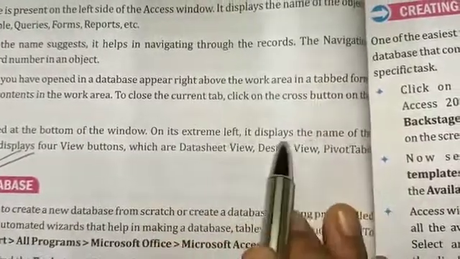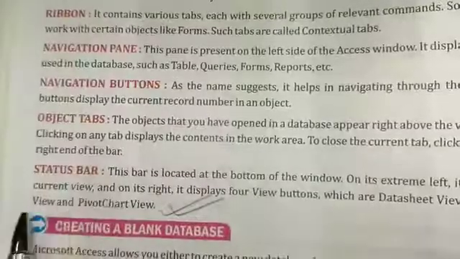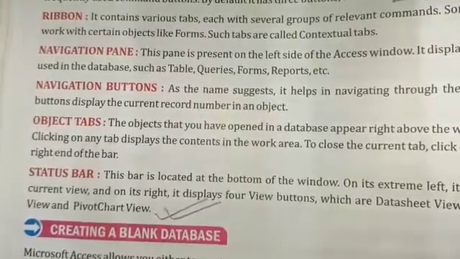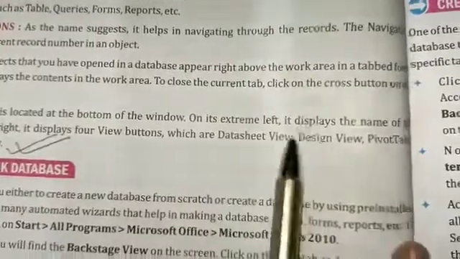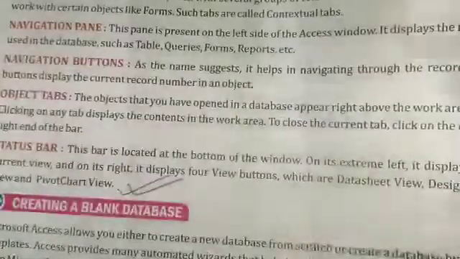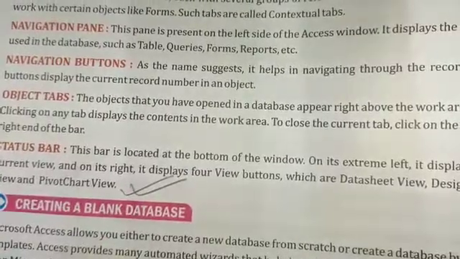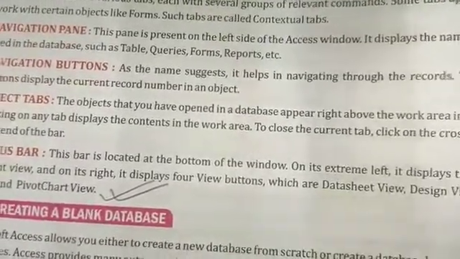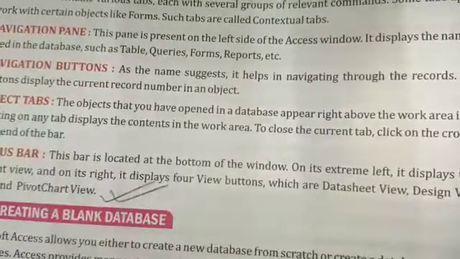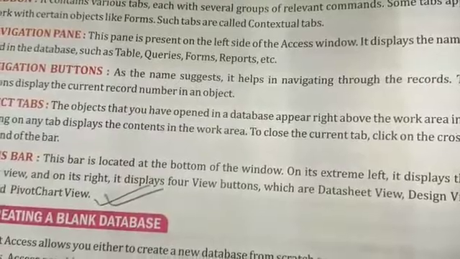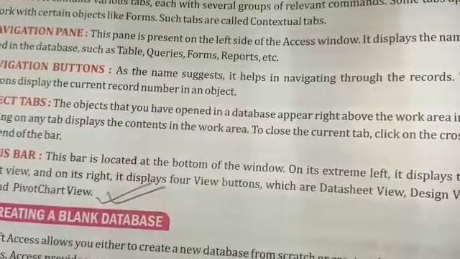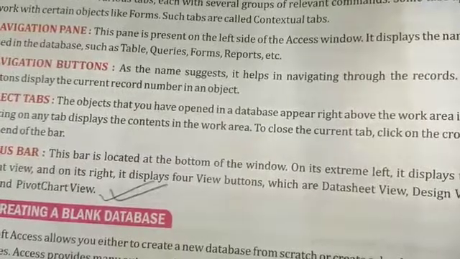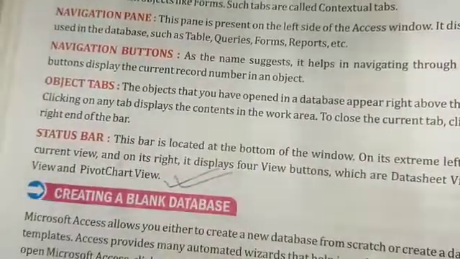On its extreme left, it displays the name of the current view, and on its right, it displays 4 view buttons, which are datasheet view, design view, pivot table view and pivot chart view.